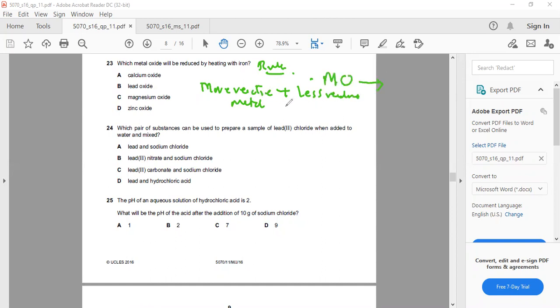More reactive metal can reduce less reactive metal from its oxide.